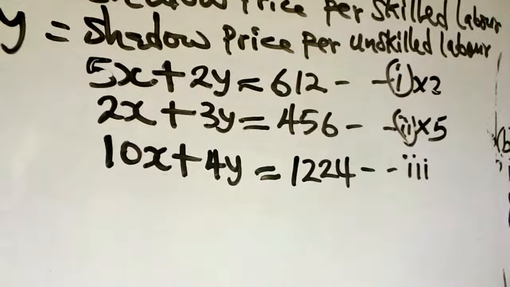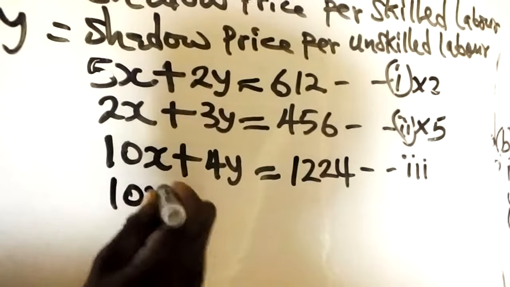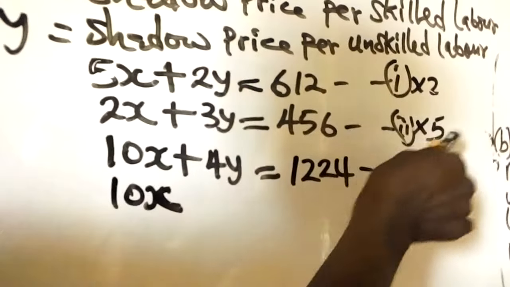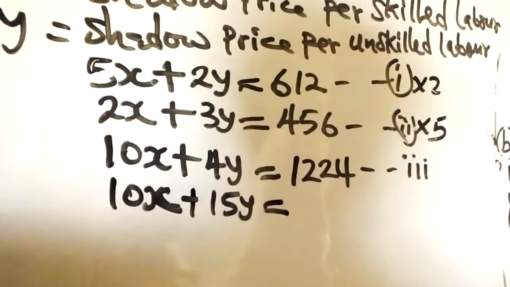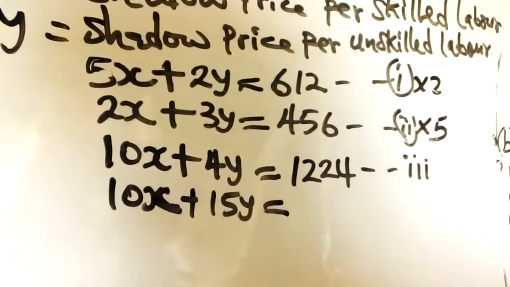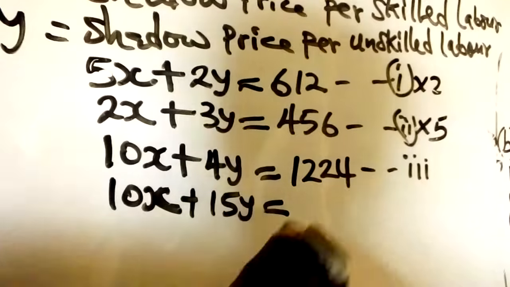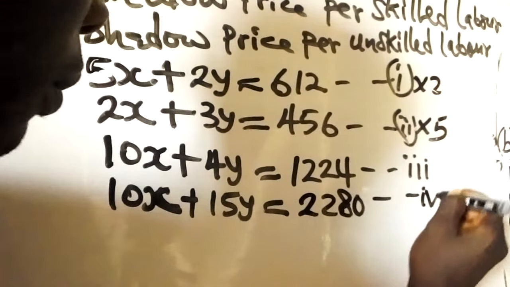Then we also have 5 times 2x, that will be 10x, plus 5 times 3y, that will be 15y, equals 456 times 5, which is 2,280. Equation 4.